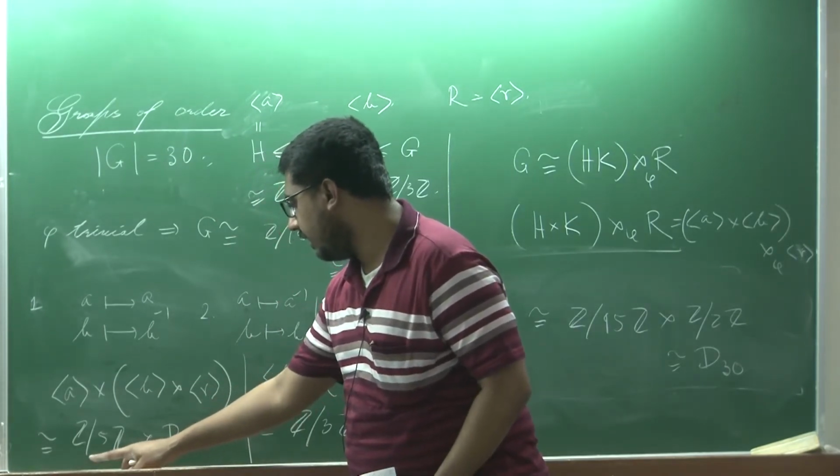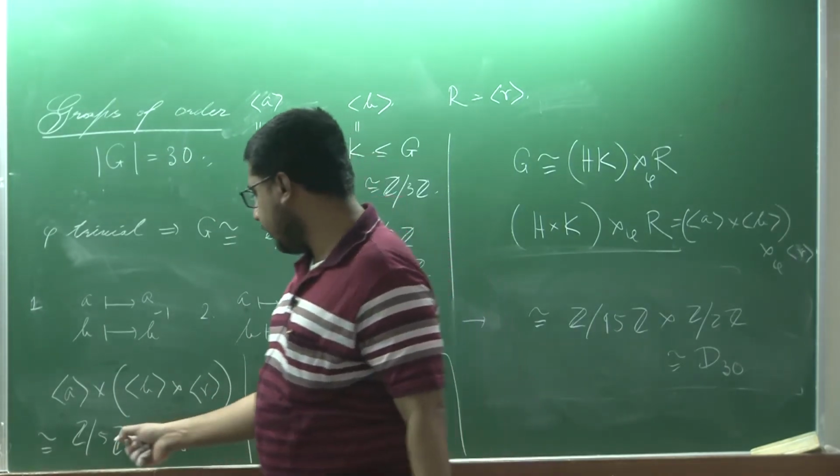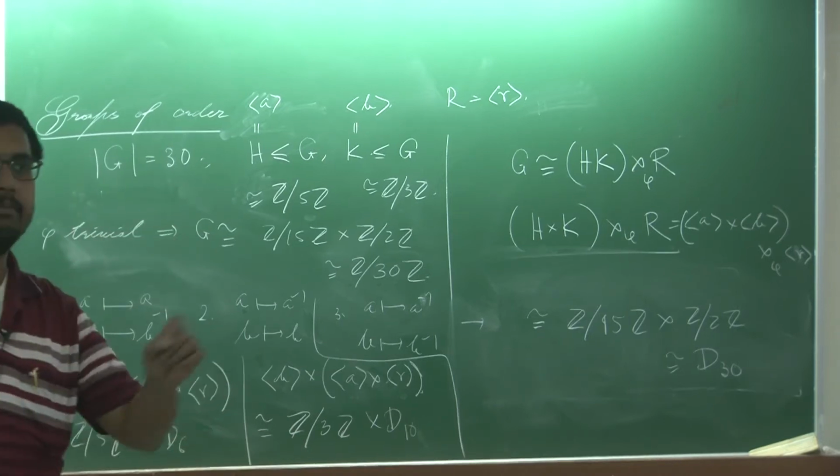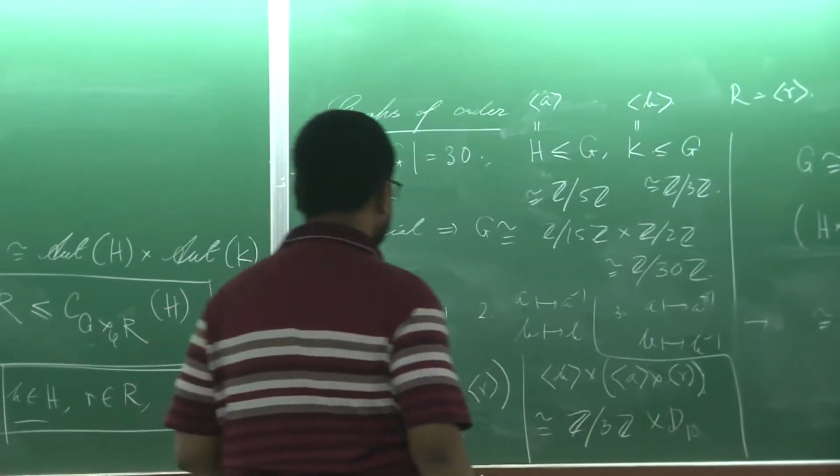Here we can immediately see that in the first case the center has order 5. In fact, precisely this is going to be the center. I leave the manipulations to you to verify.